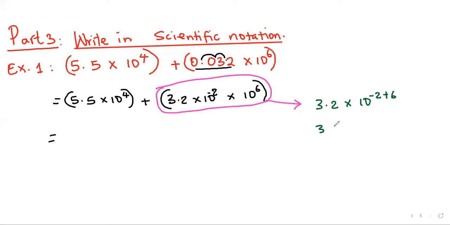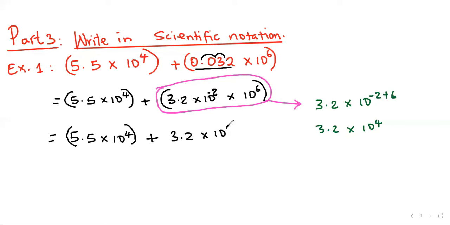And this will be 3.2 times 10 to the power of 4. So it means that at this stage, we have 5.5 times 10 to the power of 4 plus 3.2 times 10 to the power of 4.